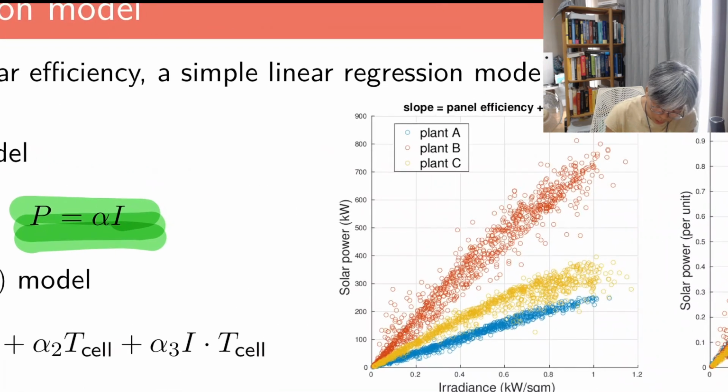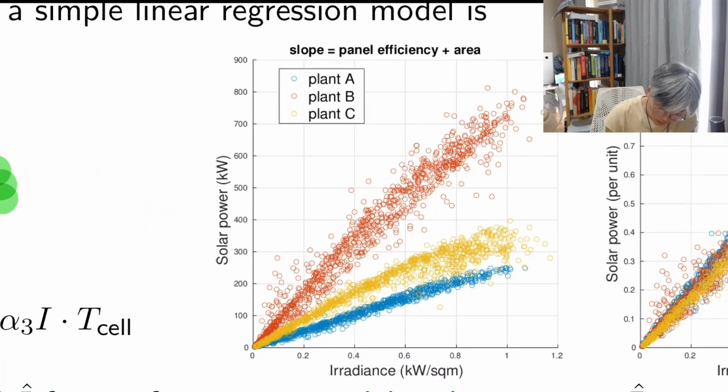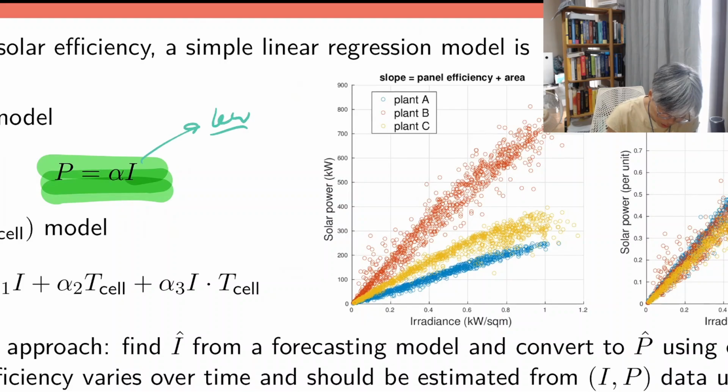If P equals alpha I, where I is in kilowatt per meter square and P is in kilowatt, the unit of alpha would be square meter.